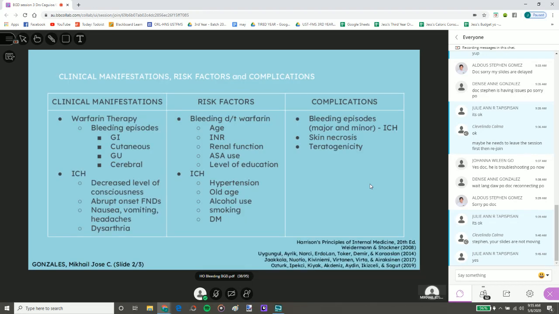The clinical manifestations of warfarin use are very straightforward. Warfarin is an anticoagulant drug, therefore most of its side effects as well as complications would involve bleeding. Bleeding may be mild in the form of epistaxis or hematuria, but may also be severe in cases of intracerebral hemorrhages or GI bleeds.